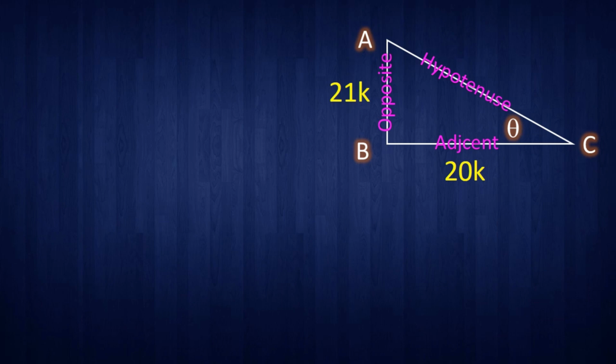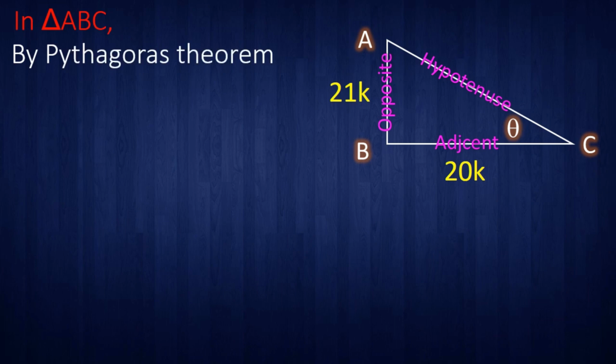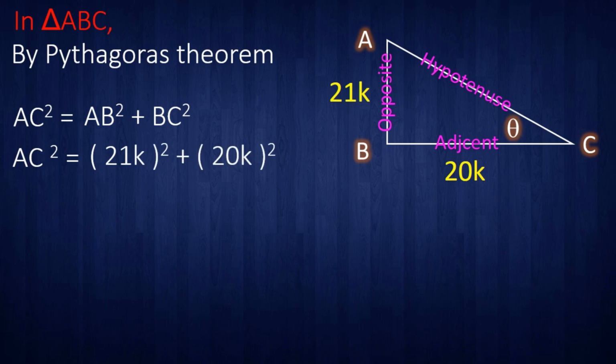In triangle ABC, Pythagoras theorem. AC square is equal to AB square plus BC square. AC square we have to find. AB is 21K, so 21K square plus BC is 20K, so 20K square. 21 square is 441K square and 400K square.